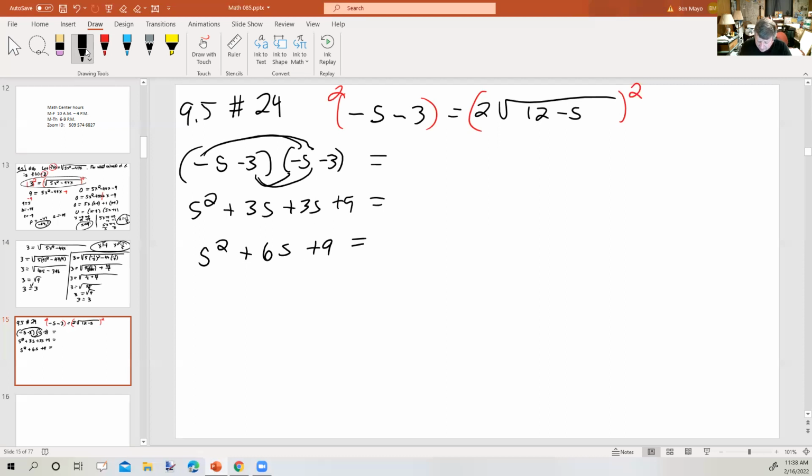On the right side, the 2 gets squared, so that's 4 times the square root of 12 minus s squared, which is 12 minus s. Any questions there so far?